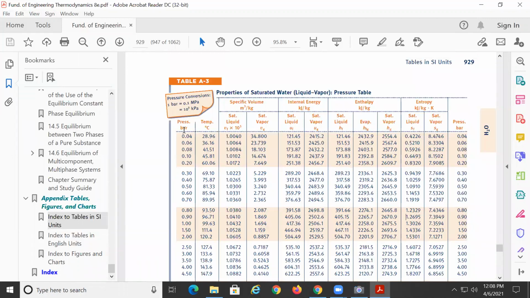So you see this one is pressure will be 3 megapascals. So 3 megapascals should be how many bars? Oh, here you have this stuff, we have the value here. So we have 3 megapascals. So how many bars would that be?